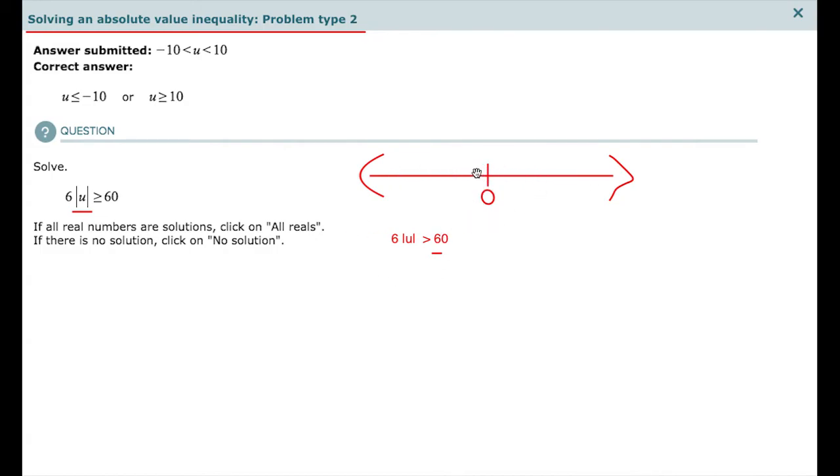So you're usually going to get one answer that's positive and one answer that's negative, or at least two answers on either side of wherever your midpoint is. So let's go ahead and solve this and see what that means exactly.